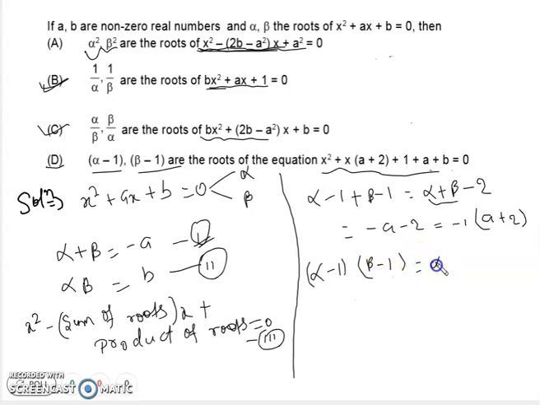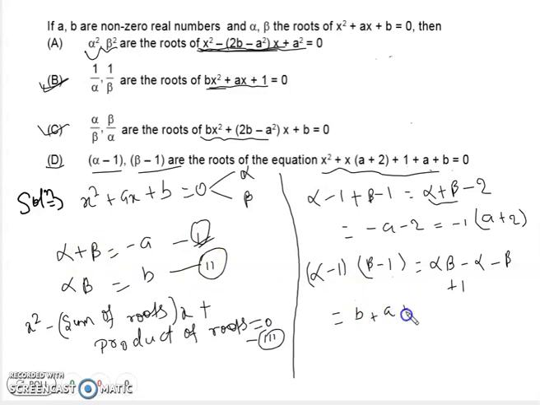After multiplying you get alpha beta minus alpha minus beta plus 1. Alpha beta is equal to b, and alpha plus beta is equal to minus a. So minus alpha minus beta, when we multiply the minus sign on both sides, becomes simply plus a.